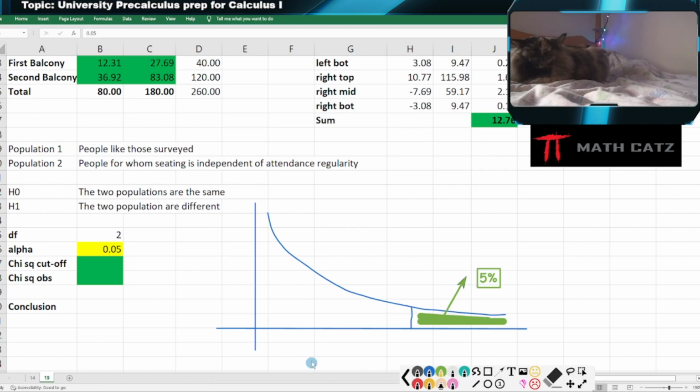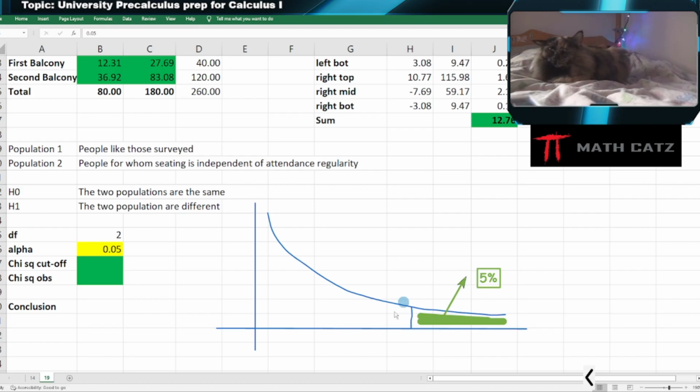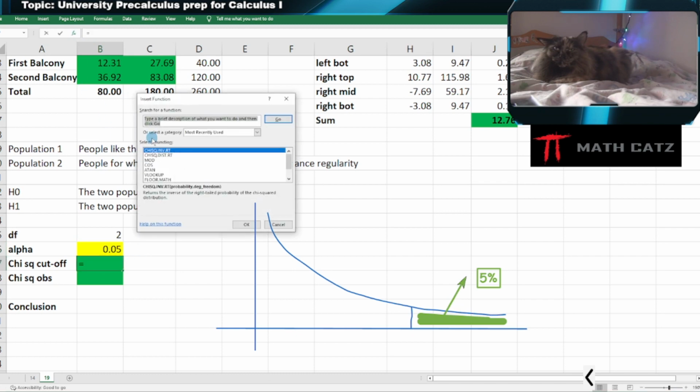Now, we need to see where this cutoff is that has the situation I'm looking for. Well, I'm going to look up my function again because maybe I forgot, and it guides me through that step anyway. Now, I see that I've used this recently, so that helps a lot.